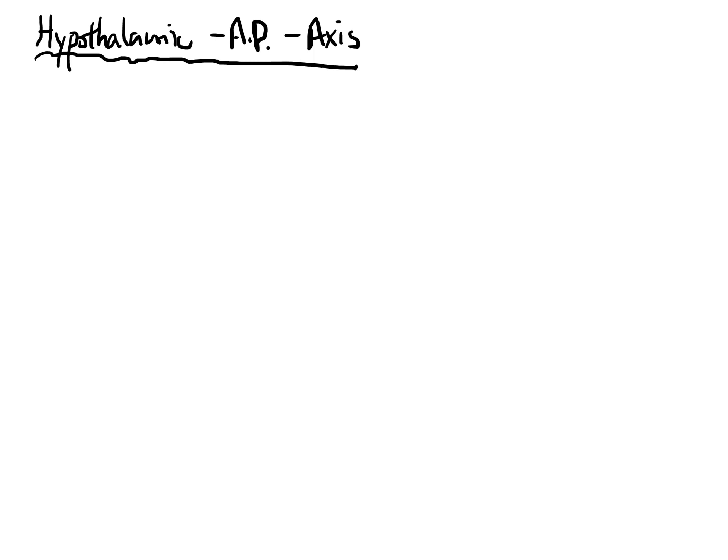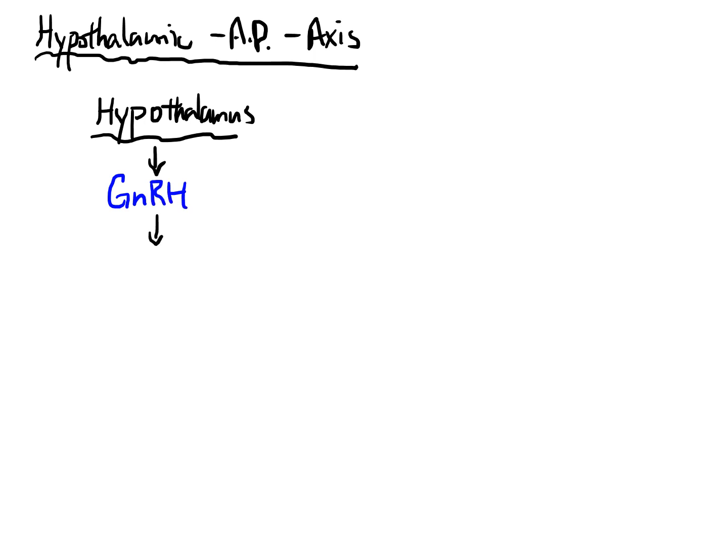So let's begin with one that we know from the reproductive system. We have the hypothalamus, and the hypothalamus is going to release a hormone, usually a releasing hormone. That releasing hormone will then act on another structure, the anterior pituitary gland. And in response to that GnRH, the anterior pituitary gland will release, let's say, FSH or LH.